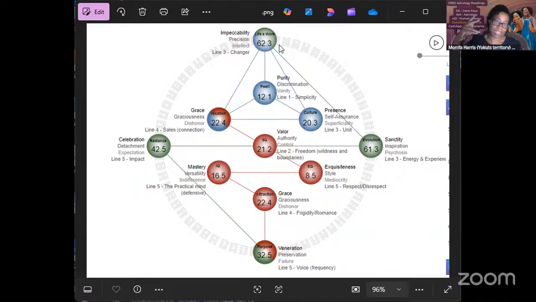And if you look at the I Ching, I should know this, but I don't. I'm going to use my cheat code and go to the resource library. So the I Ching is thunder over mountain.